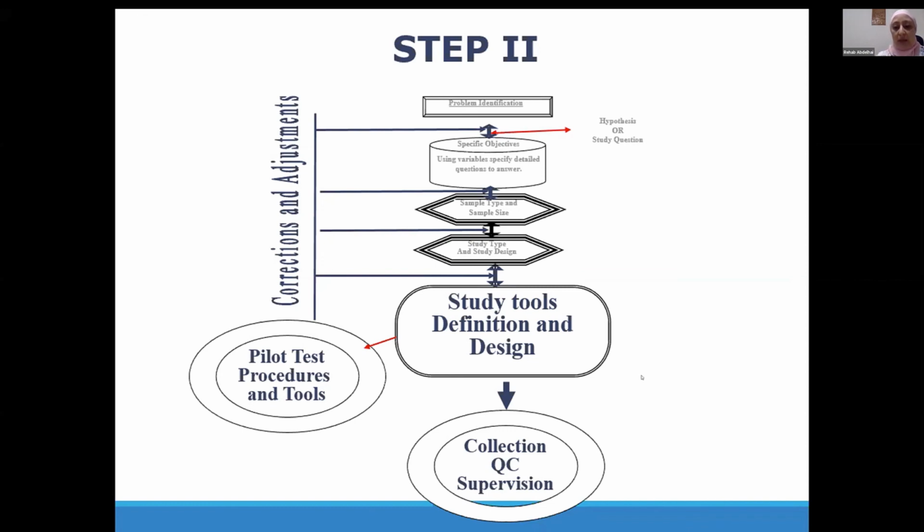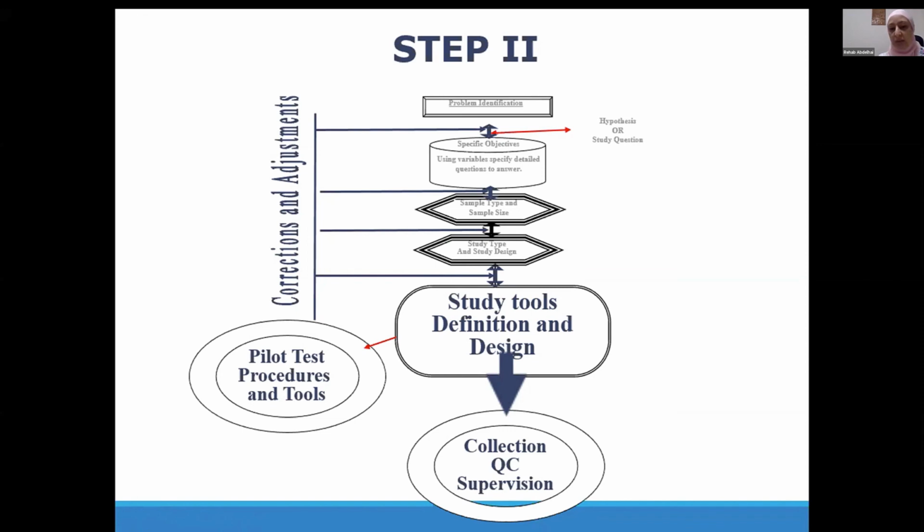Now, then we have to move on to this arrow, which is unidirectional. As soon as I'm done, I'm finished, I'm going to start collecting my data for the study. And here the arrow is unidirectional. You can't go back anymore. You will not change your design.